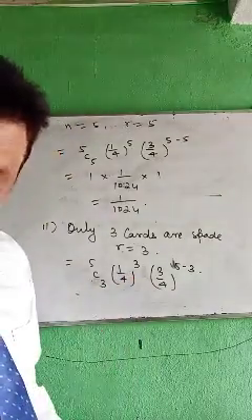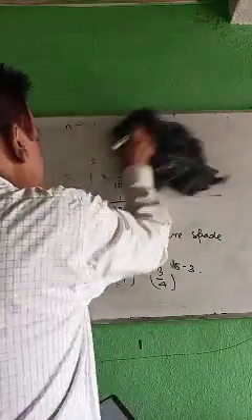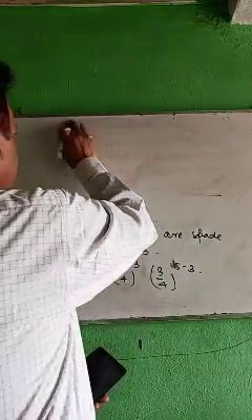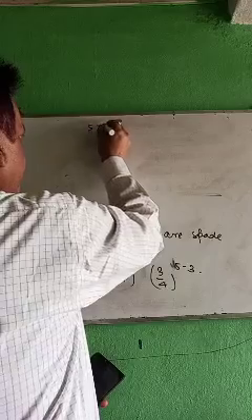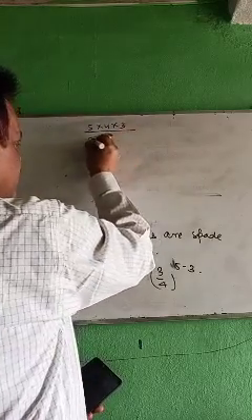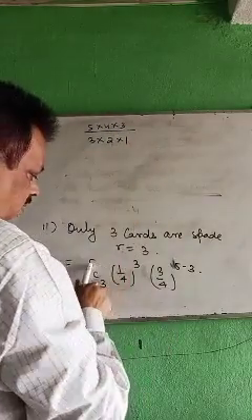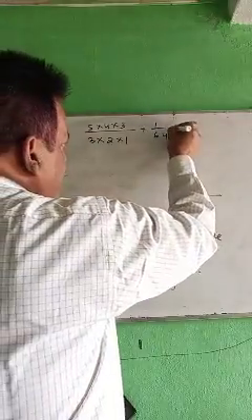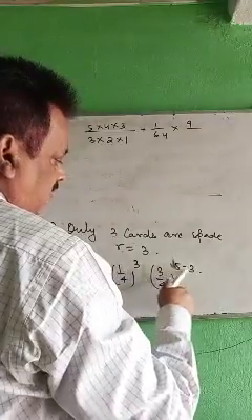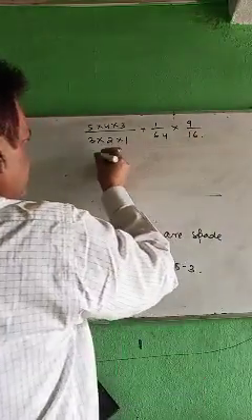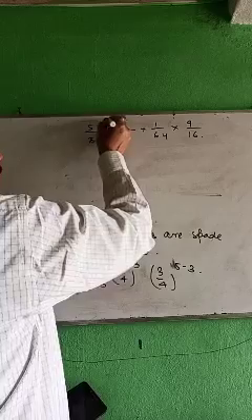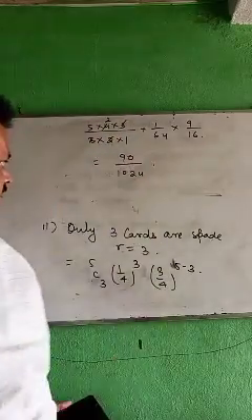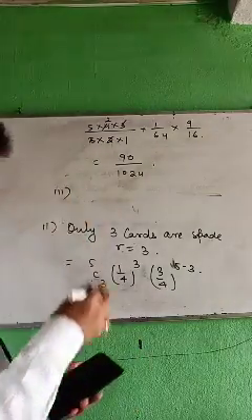So 5C3 is how much? How to reduce? That is 5 into 4 into 3, 3 times you have to reduce, over 3 into 2 into 1. This is 64, this is 9, because 9 by 16. So 3 cancel, 2 cancel here. 90 by 1024.